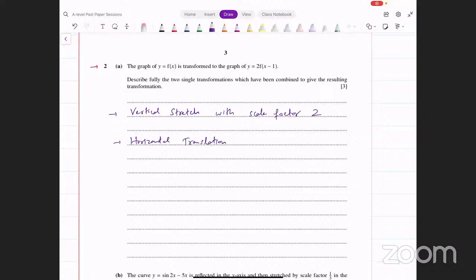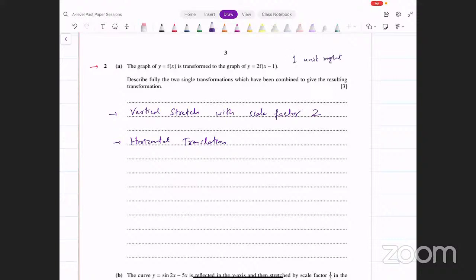And now we've got to write down कि इस translation का vector क्या है. Now you can, for your own thinking, you can write down कि आपके पास किस डायरेक्शन में मूवमेंट हो रही है. दिस इज -1. आप कहोगे 1 यूनिट टू द राइट.